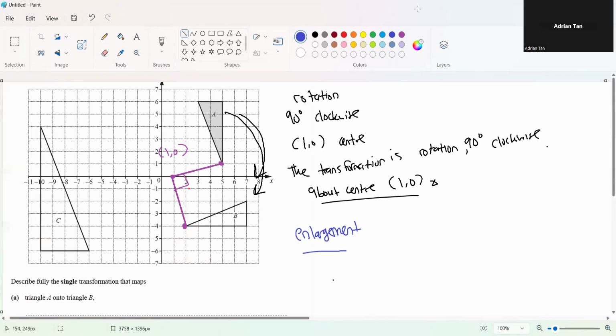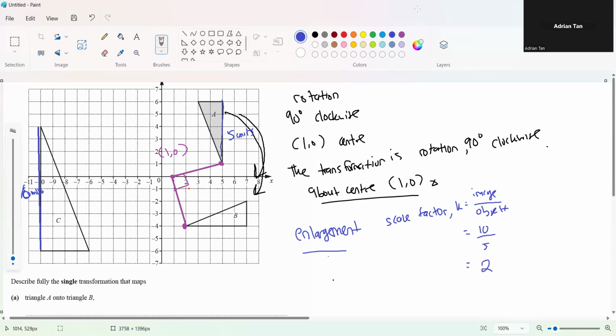So from here, if I take the height of the triangle, this height is 3, 6, 10 units tall, whereas this height here is 5 units tall. So we know our enlargement from A to C, the scale factor is 2, because scale factor, or k, is image over object length. So the image is 10, the object is 5, so the scale factor is 2.